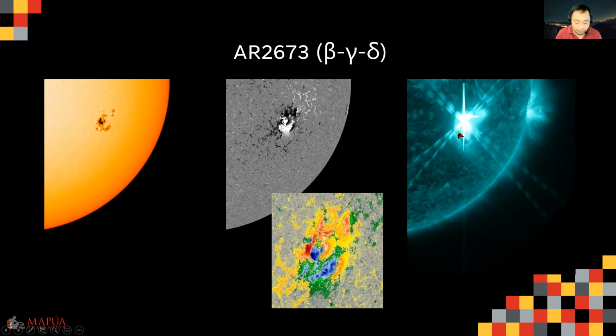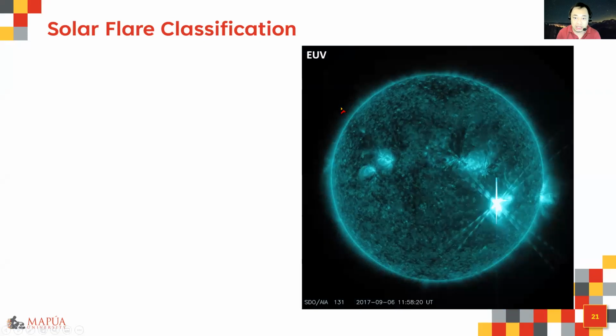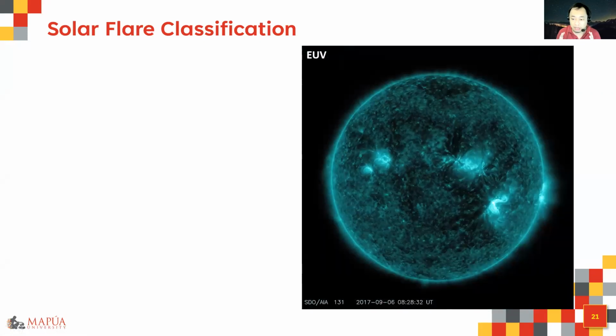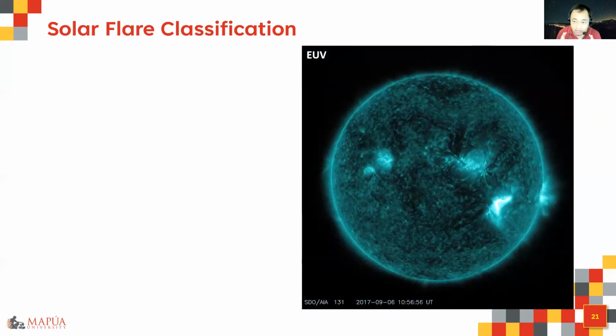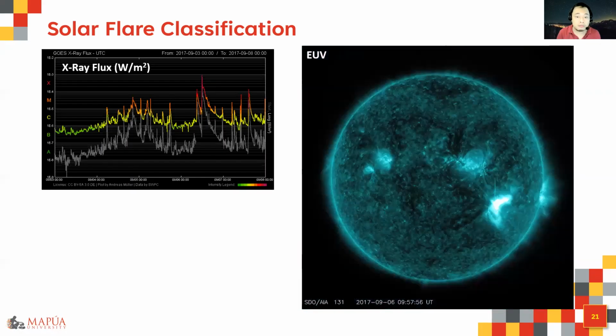But generally, the scientific community devised a classification scheme to classify solar flares depending on the magnitude of their electromagnetic emissions. If this is your EUV, so we use EUV to visualize the image of the sun, but we use X-ray to characterize them.